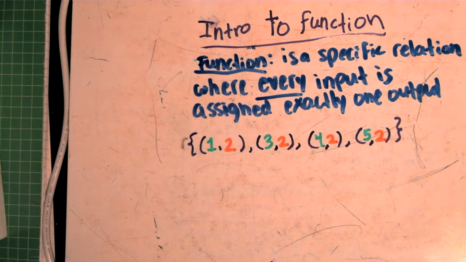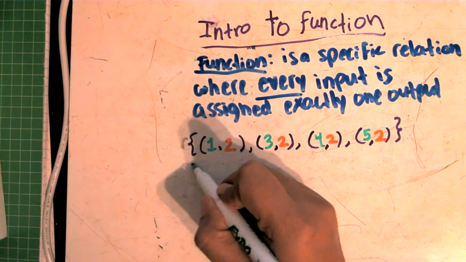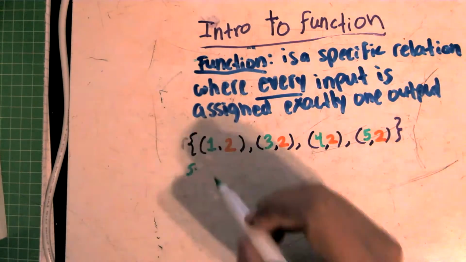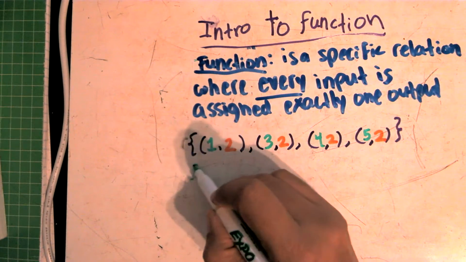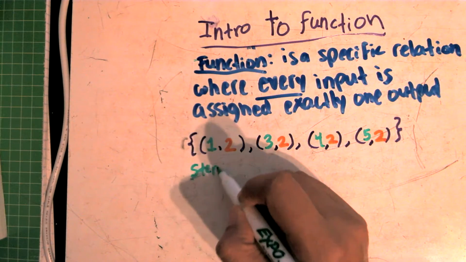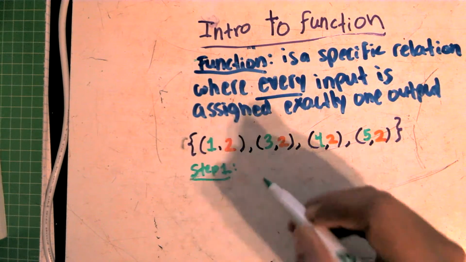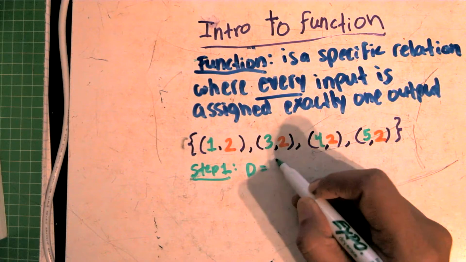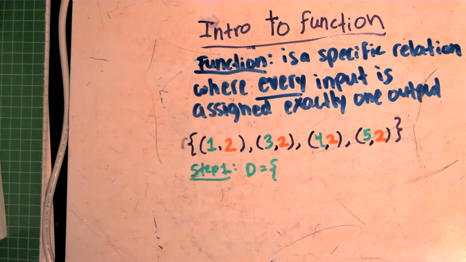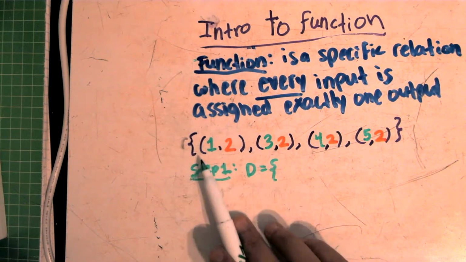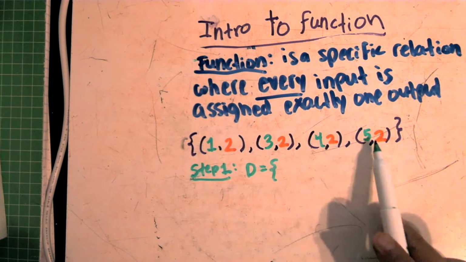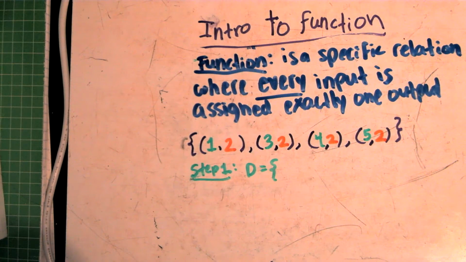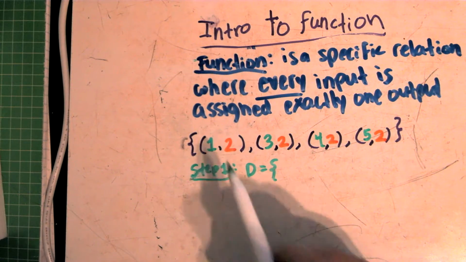So the first thing I'm going to do, I'm going to just show my work, kind of show you my thinking process. Step 1, I'm going to list out the elements in my domain that is being used and the elements in my range. So all my domain items in a coordinate pair are the first elements, the first values in an ordered pair.